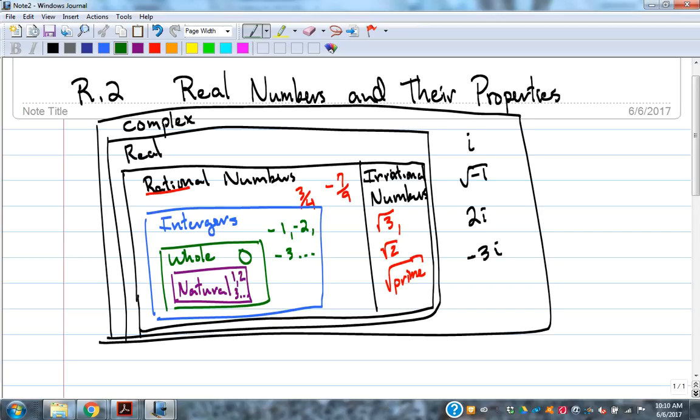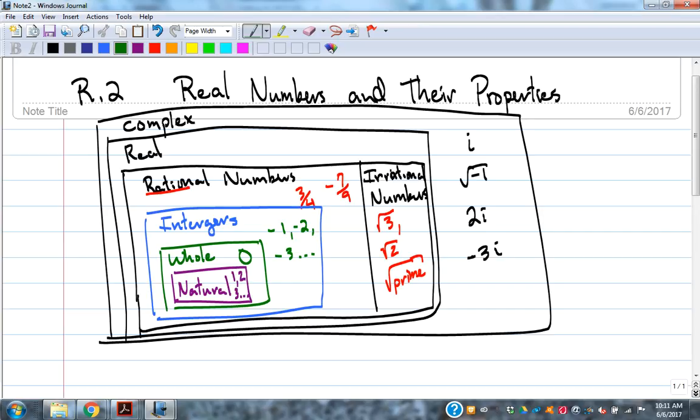So the further inside of these boxes you go, the more descriptive it is. So if you're the number 3, well, the number 3 is a natural number. It's also a whole number. It's also an integer. It's also a rational number. It's also a real number. And technically, it's a complex number.